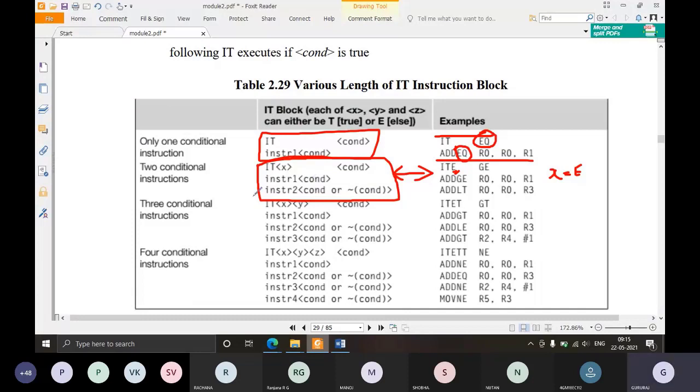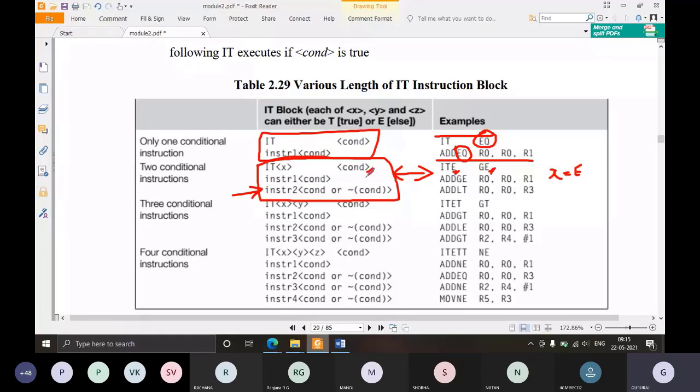That means instruction 2 in this IT block should be executed if the condition of IT is false. So instruction 2 in this IT block will be executed if the condition is false.